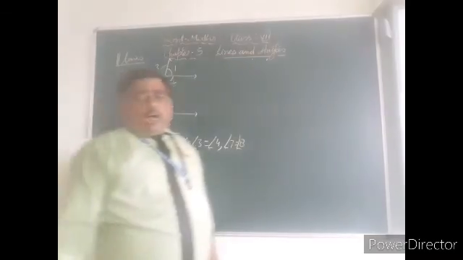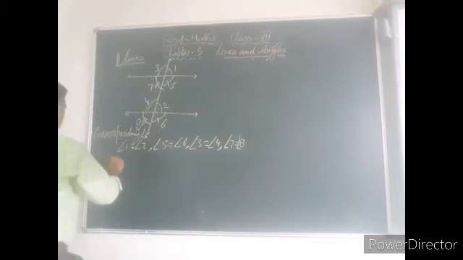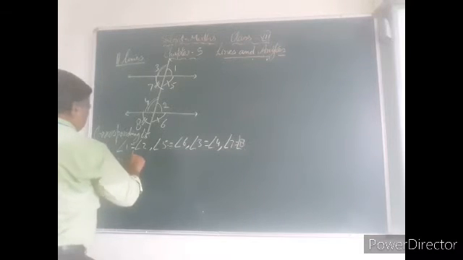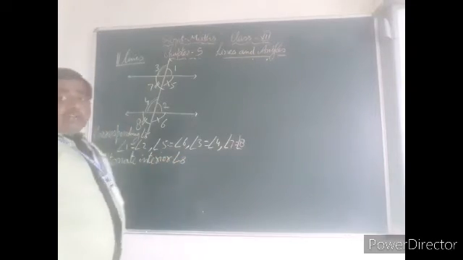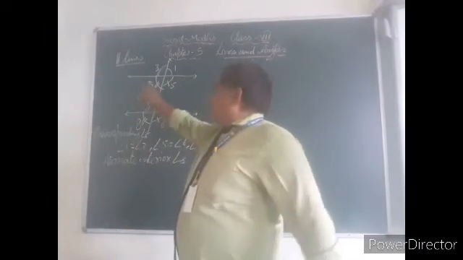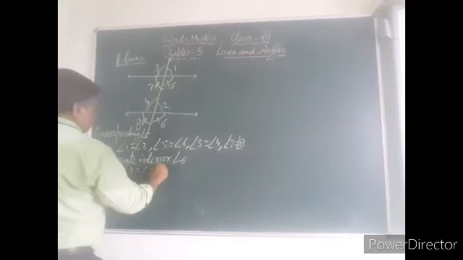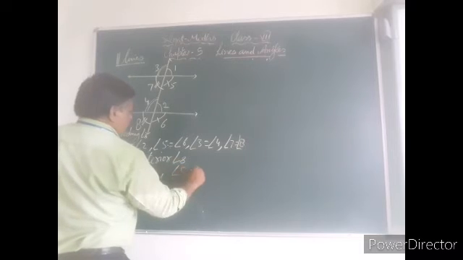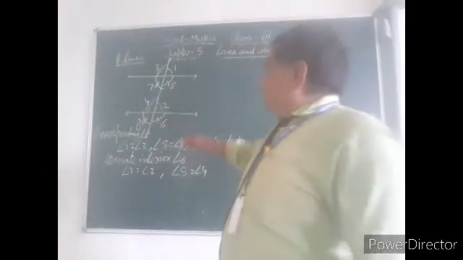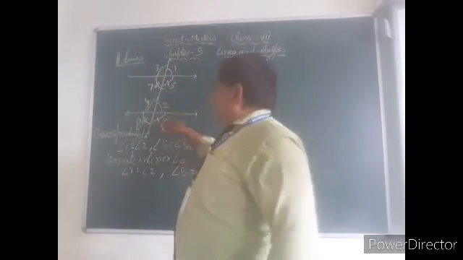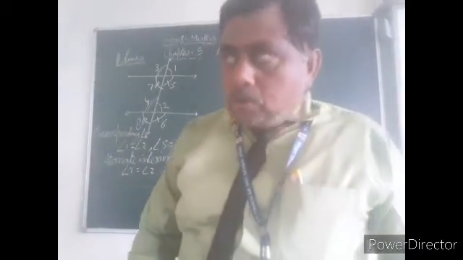Now alternate interior angles. Angle 7 is equal to angle 2, angle 5 is equal to angle 4. Alternate exterior angles: angle 1 is equal to angle 8, angle 3 is equal to angle 6.